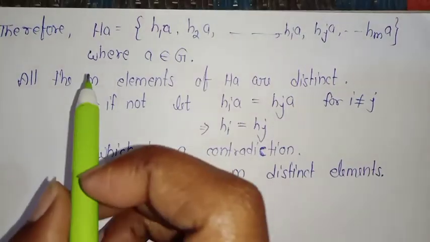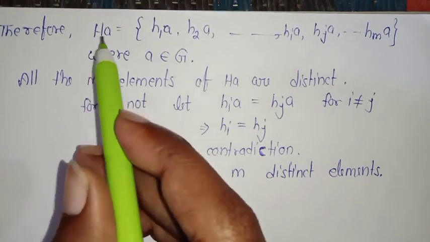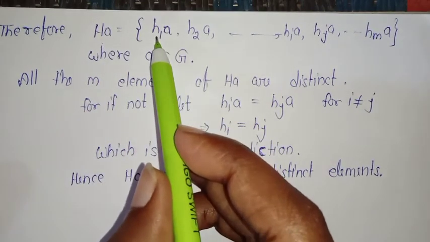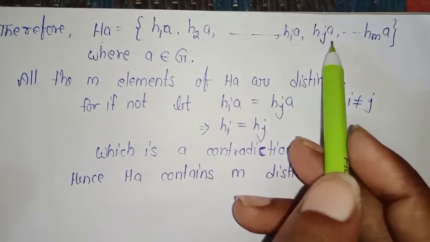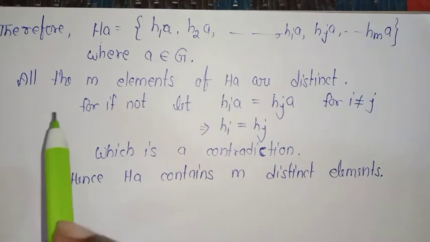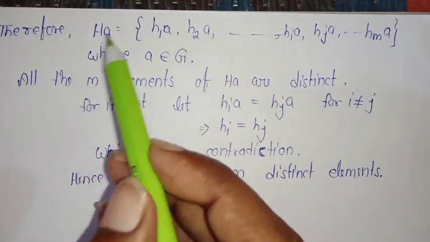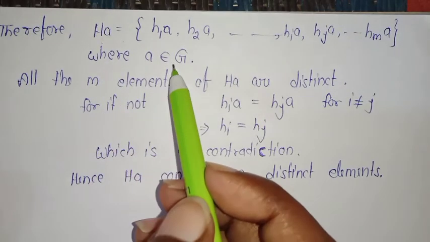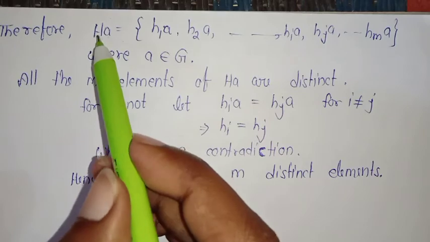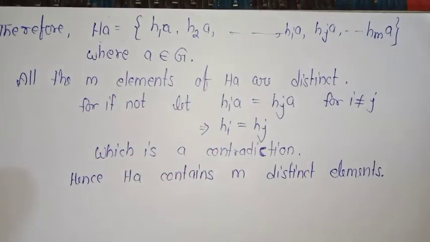Now, if we define the set of all right cosets determined by the element a, then this contains the elements h1a, h2a and so on, hia, hja and so on, hma, because to find the right coset or left coset, we multiply an element of the group G with the given subgroup. So each element of the subgroup is multiplied with the element a.